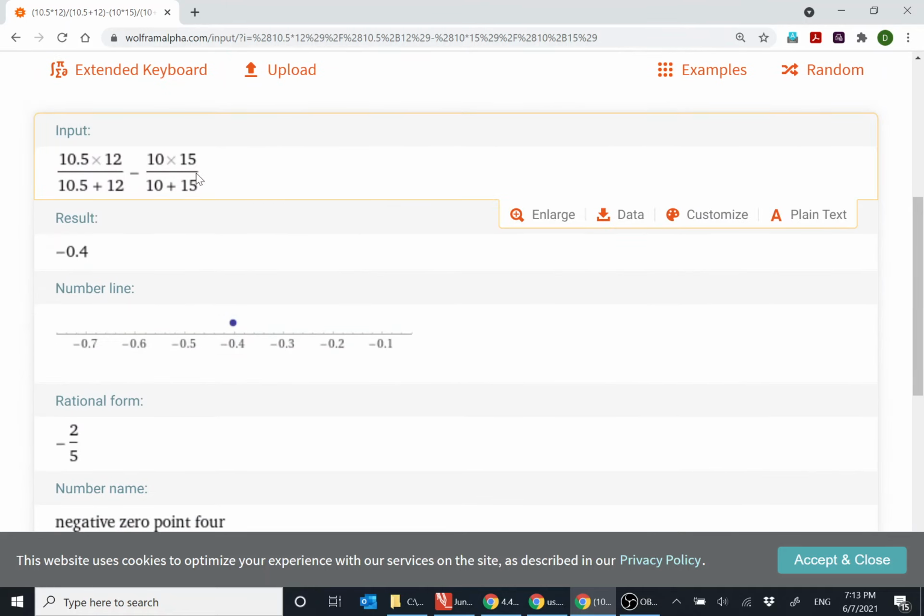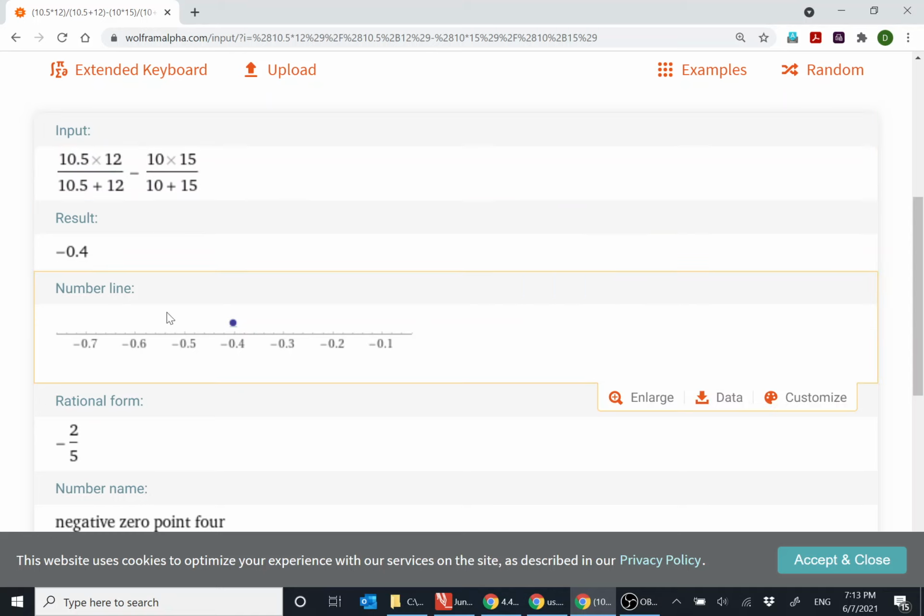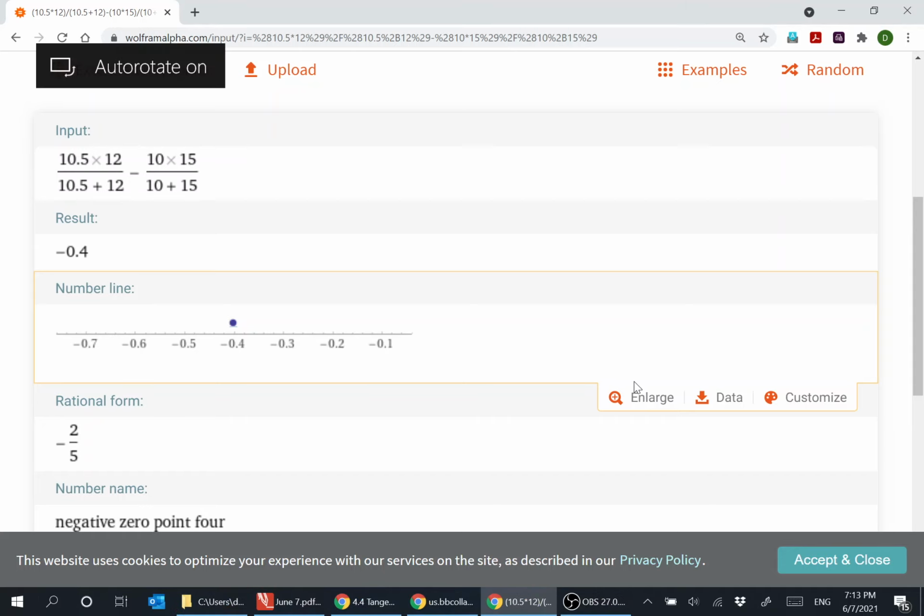Right, so that's how it interpreted what we were saying. So the result is negative 0.4, so negative fifths.